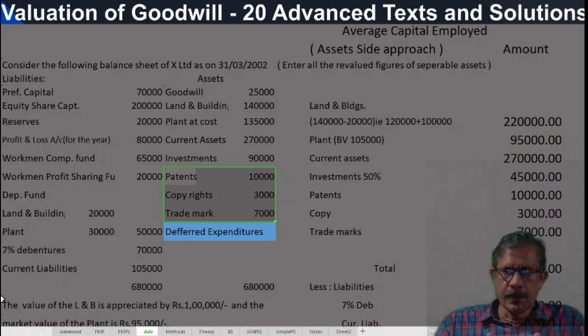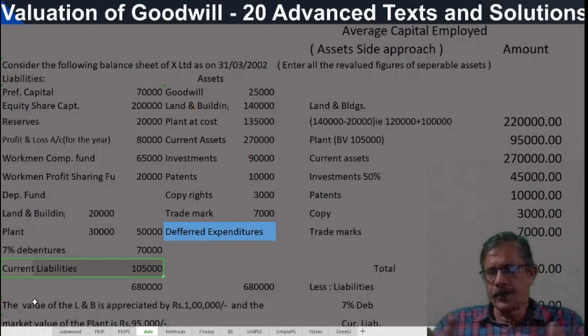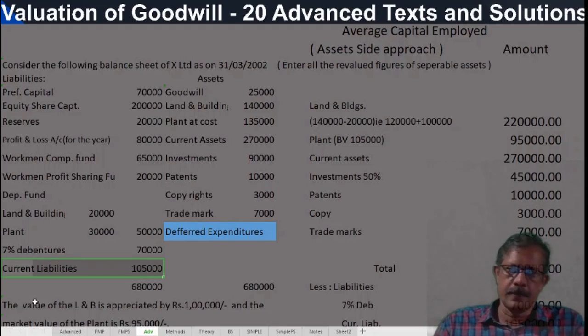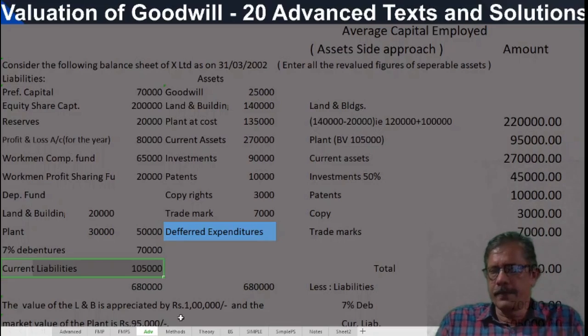And while valuing, both fixed assets and current assets may be revalued. Liabilities also are revalued. Included in the creditors and current liabilities is an amount of rupees 5,000 that is no longer payable. So the value of the liability is only how much? 1 lakh rupees. Only 1 lakh will be deducted here.